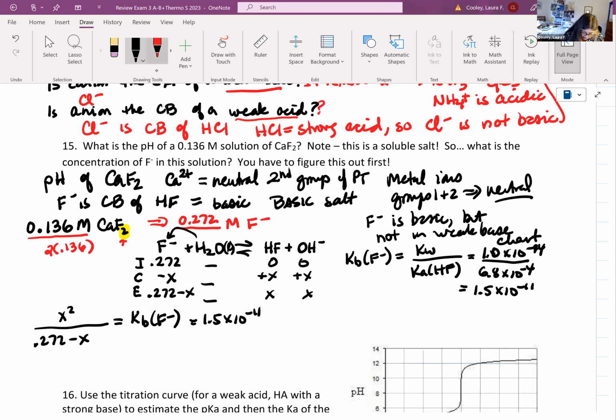So now we have to figure out, can we neglect X? And, you know, we can, because this is really small. 0.272 is way bigger than 100 times 1.5 times 10 to the minus 11.